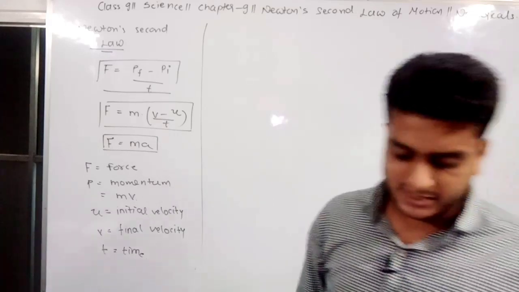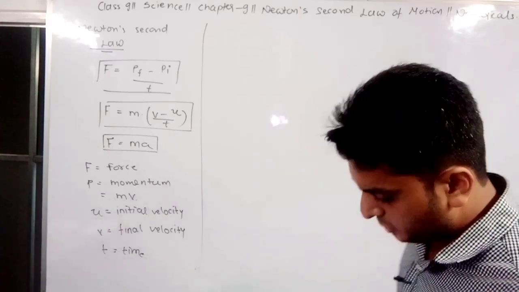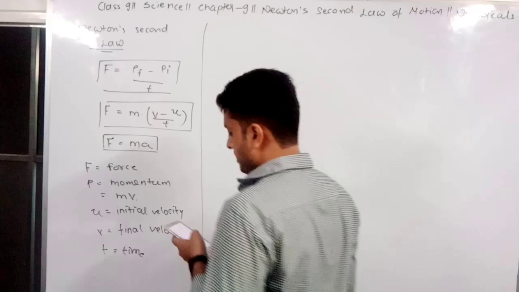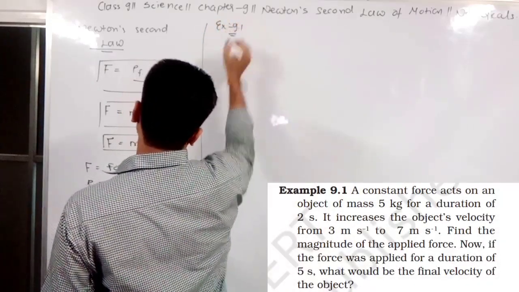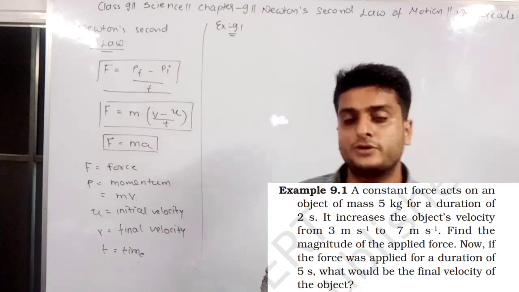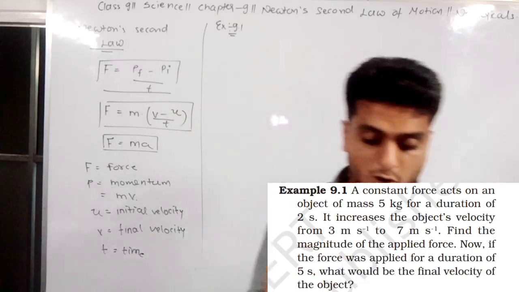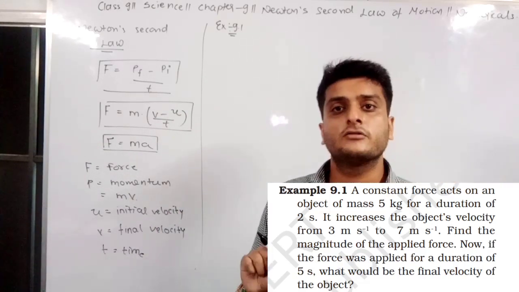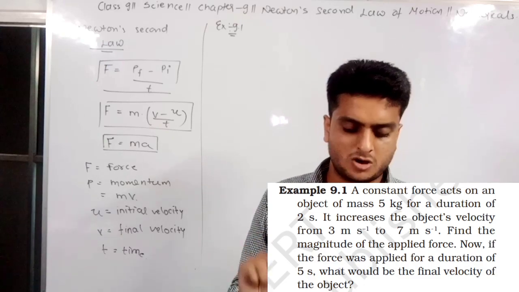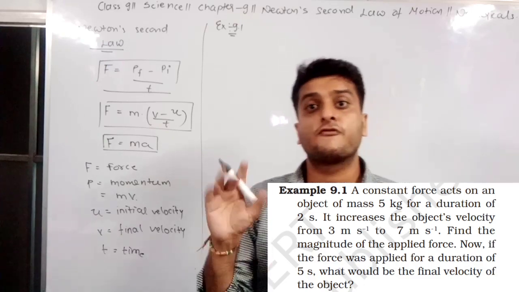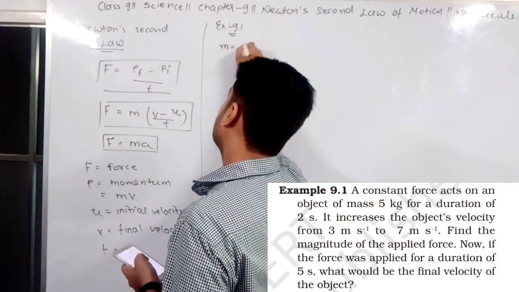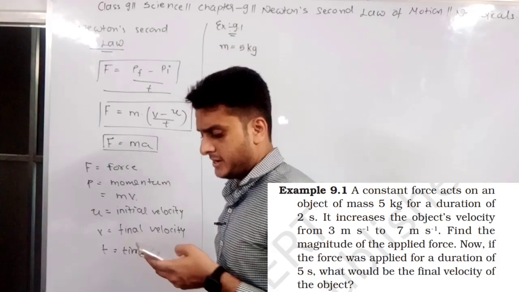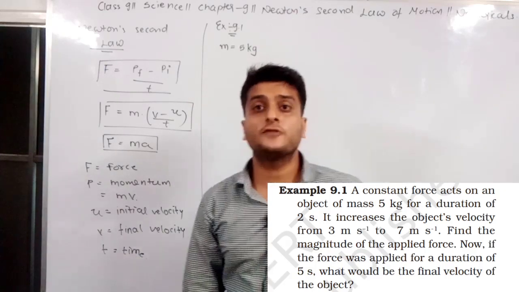Okay, so as I can see, the very first numerical based on the second law is example number 9.1. You have to read the question very carefully and you have to extract the data out of that. Question is a constant force acts on an object of mass 5 kg. तो पहला डेटा मुझे मिला मास को मैं कहता हूँ small m, that is 5 kg, okay, for a duration of 2 seconds.